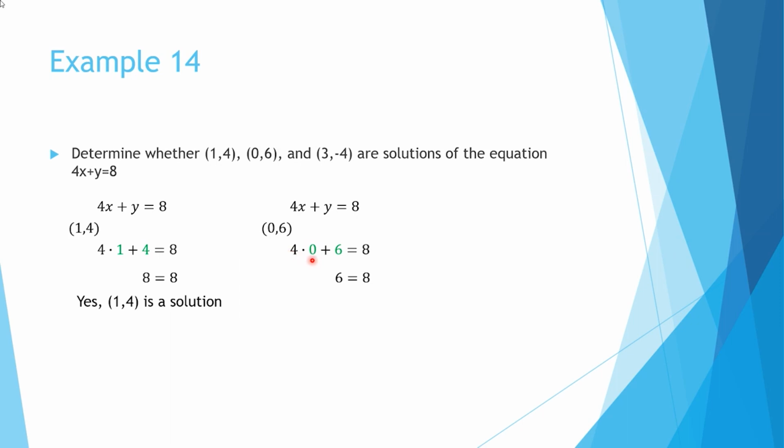So it's 4 times 0, which is 0. 0 plus 6, which is 6. That's false, so therefore it's not a solution.